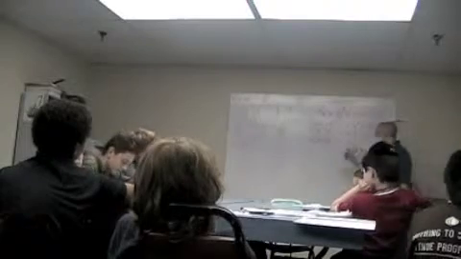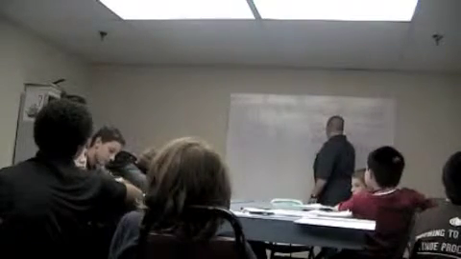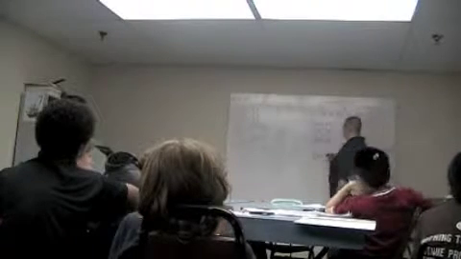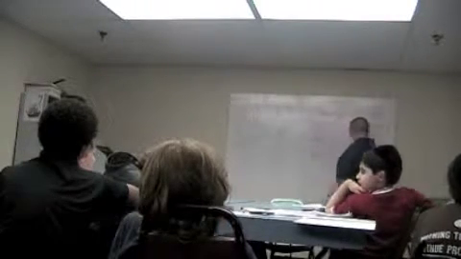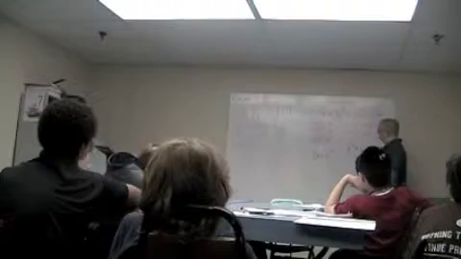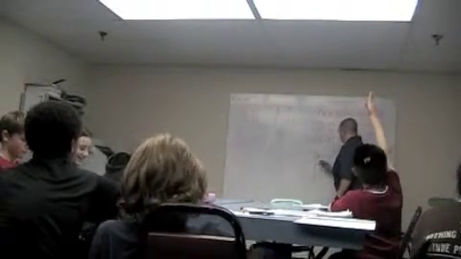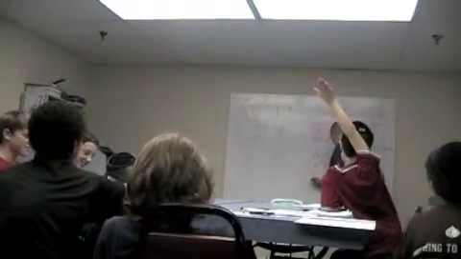So let's do another example. Someone give me another number besides 3. 5. This is x plus 5 squared. If we do out the square, we got x, we got 5, we got x, 5.